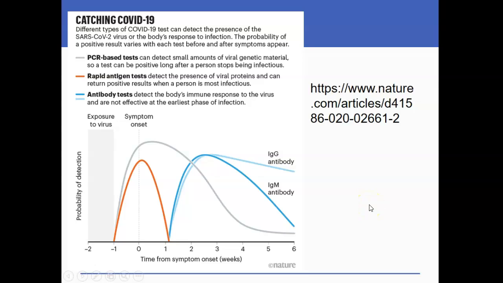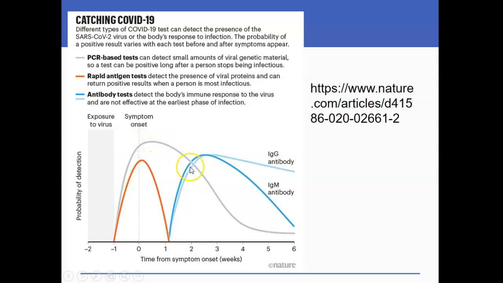When we're thinking about testing, we can look at when these tests would actually be positive, and thinking about the range in human responses and the range we see in immune responses, that PCR test is going to be one of the earliest tests to see once you have enough virus that you can actually get just a few copies of that virus into the test, you can start to see it.